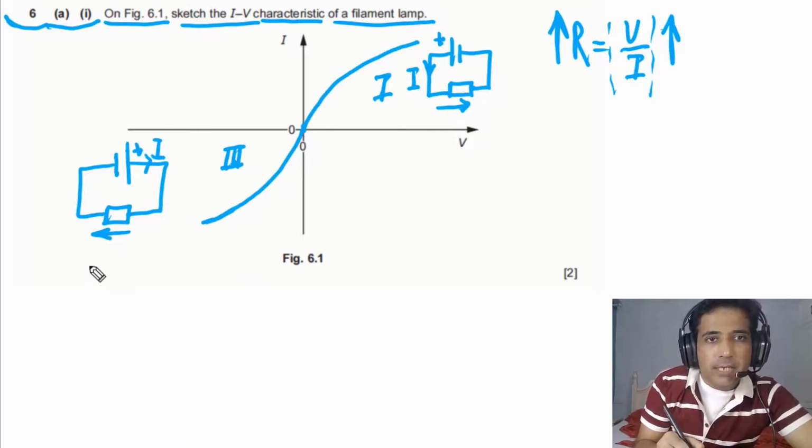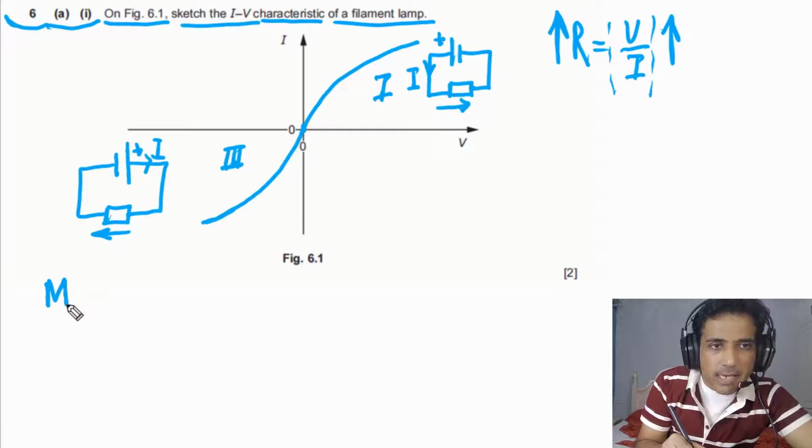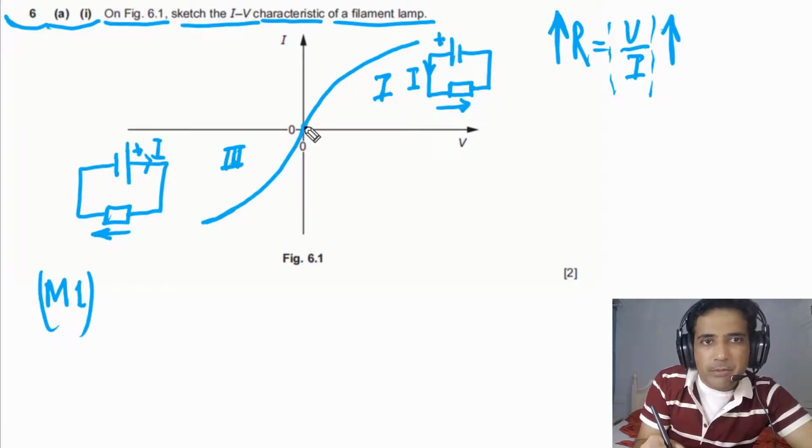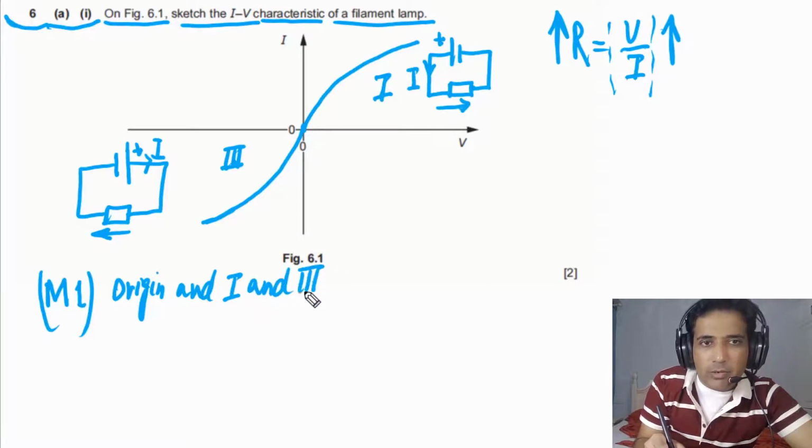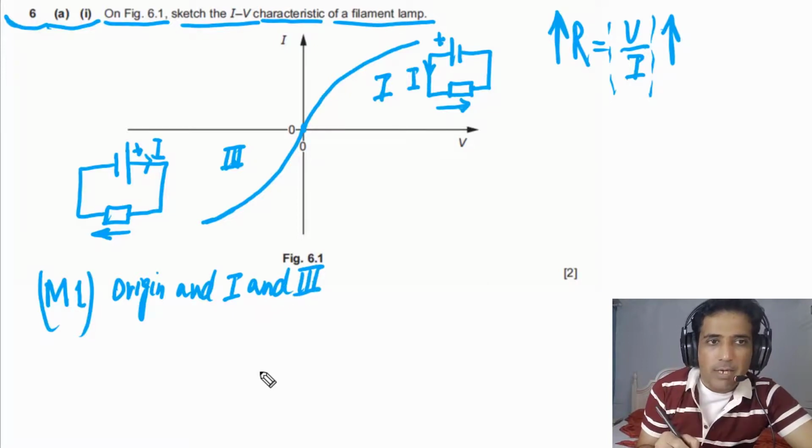This question has 2 marks. First mark is the M mark. You will get this mark if this curve is passing through the origin and the curve is in the first and third quadrant. That is the M mark.